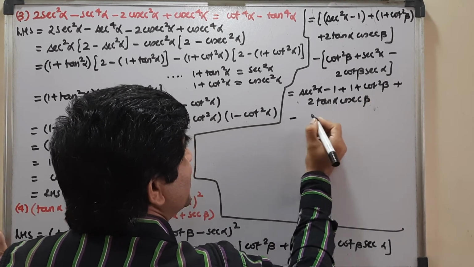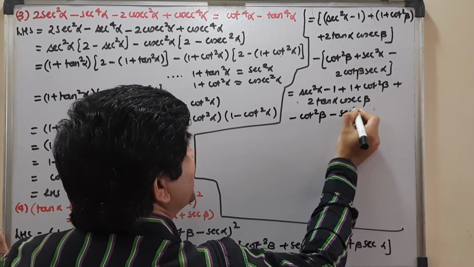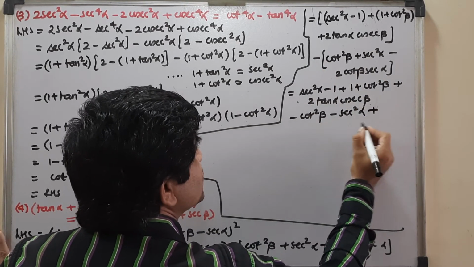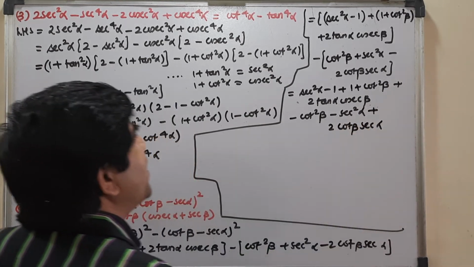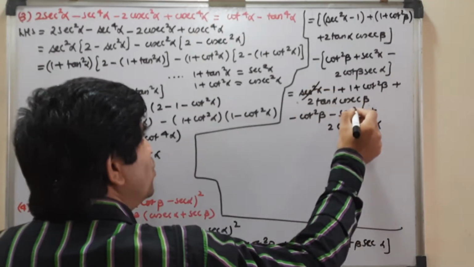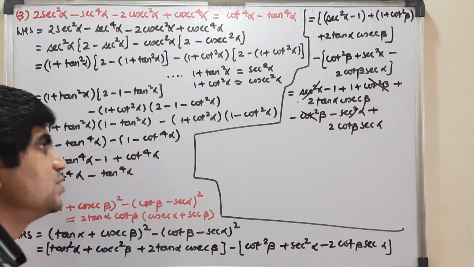Then minus will be cot square beta minus sec square alpha, see these minus signs are changing, plus 2 cot beta sec alpha. So here sec square alpha goes, cot square beta goes, 1 and 1 also goes.